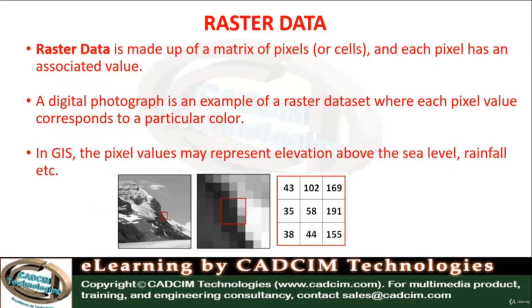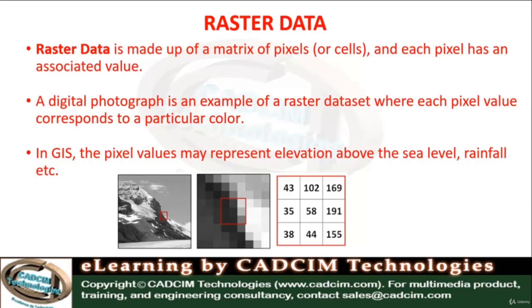The second type of data is raster data. Raster data is made up of a matrix of pixels or cells, and each pixel has an associated value. A value is given to each cell which informs the user which entity is present in which cell.